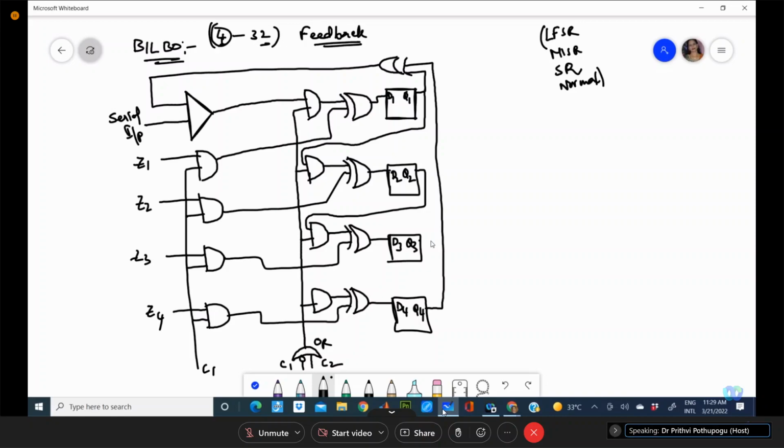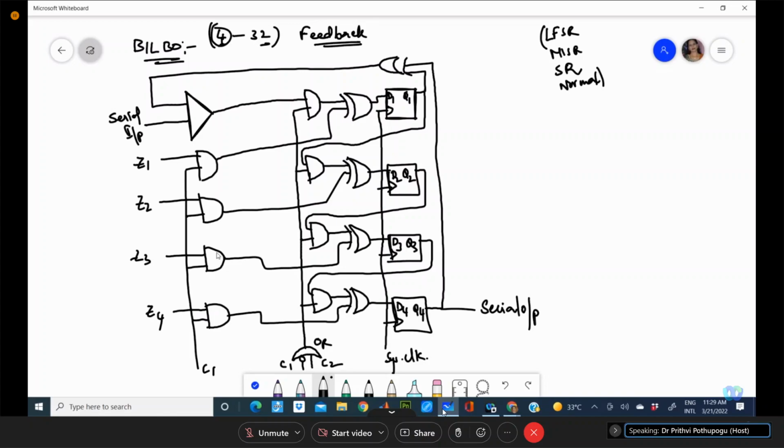Now the clock will be common. It becomes clumsy, so I am not drawing it, but anyhow, if you want I'll put this. The clock is common. This is the system clock. Now the last one here, serial input; if you take this, it will be serial output. Normal operation.